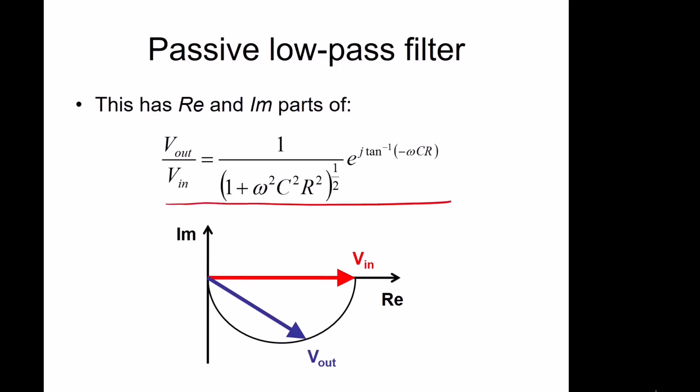If we plot that out, what we find is at very low frequencies, this is your output here. So it's got a large magnitude compared to V in. It's the largest magnitude at these low frequencies, and it's along the real axis, so it's in phase.